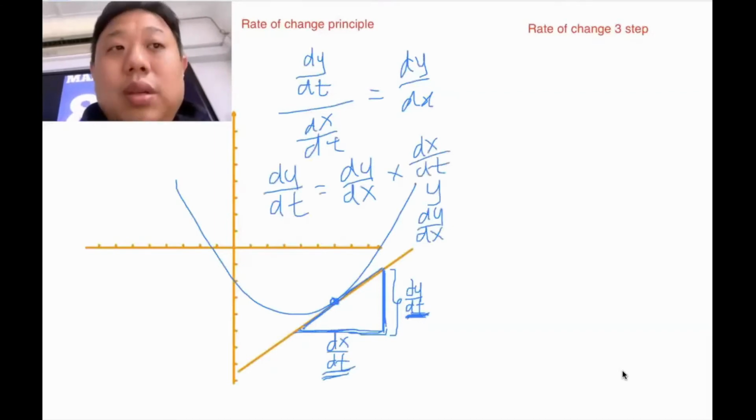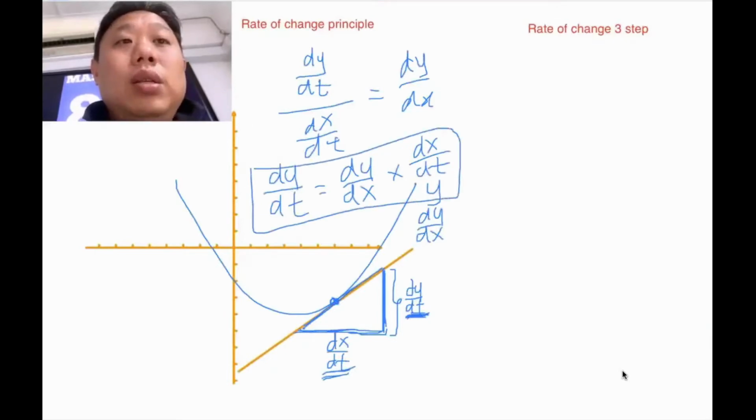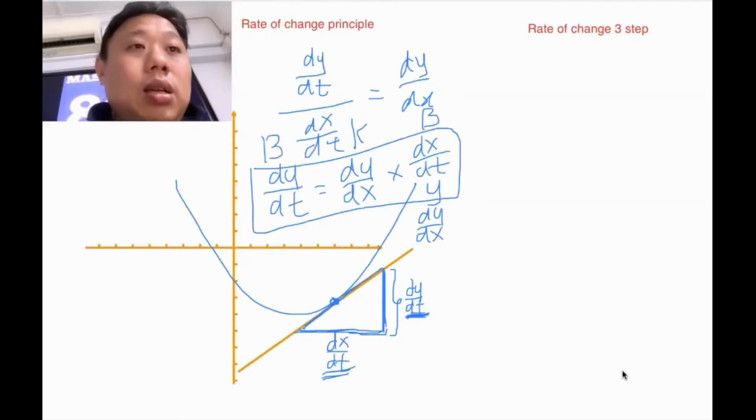This is the formula the teacher asks you to memorize, the connected rate of change formula. I call this the king and bodyguard formula: the middle person is the king, and the other 2 are called the bodyguards.